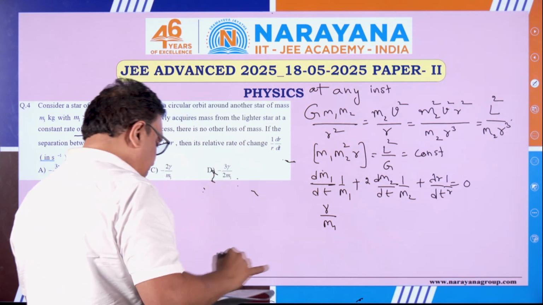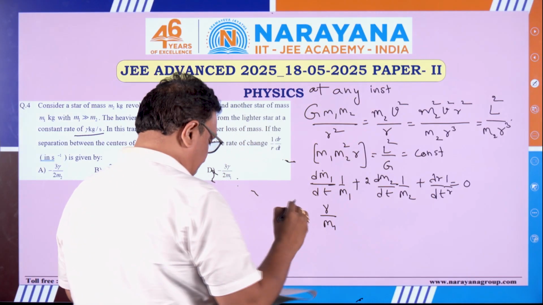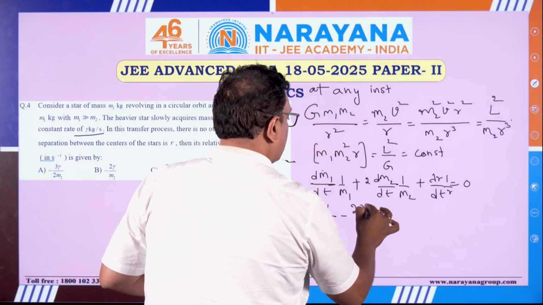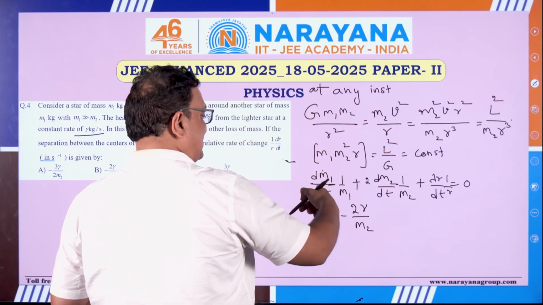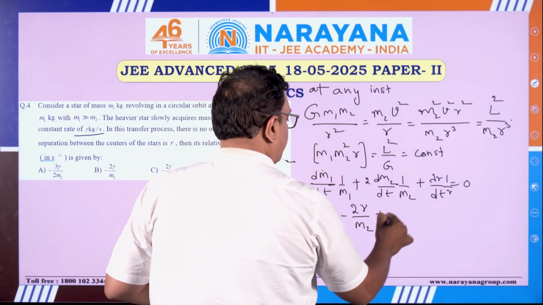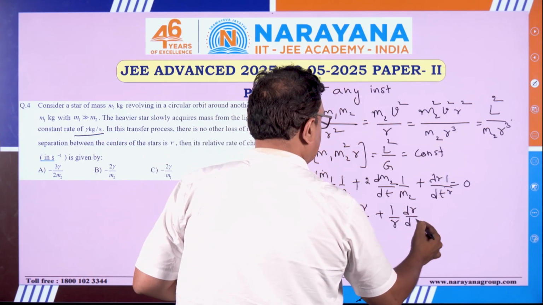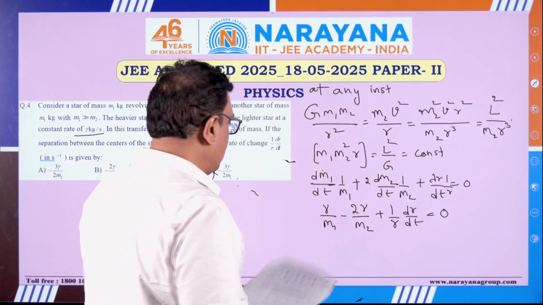Now in the process of doing all this, gamma by m1 minus 2 gamma by m2. Why I have put minus is one is gaining, the other is losing, plus 1 by r dr by dt is equal to 0.